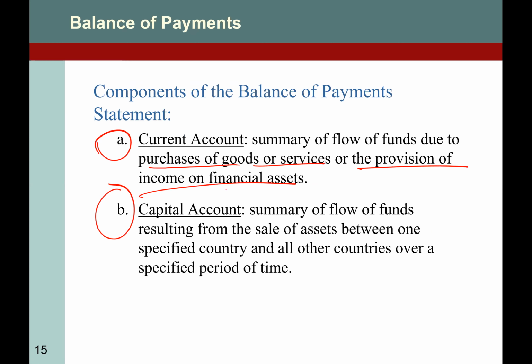So basically it provides the summary of the flow of funds, that is, how much you purchased, or what the net purchases are from the other country. And the capital account summarizes the flow of funds resulting from the sale of assets between one specified country and all the countries over a specific period of time.